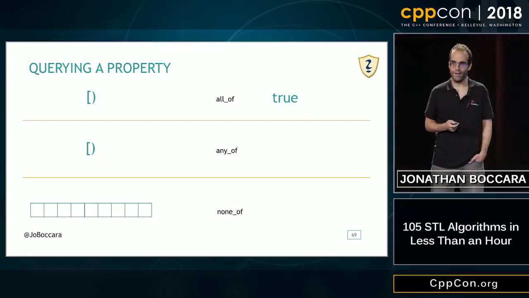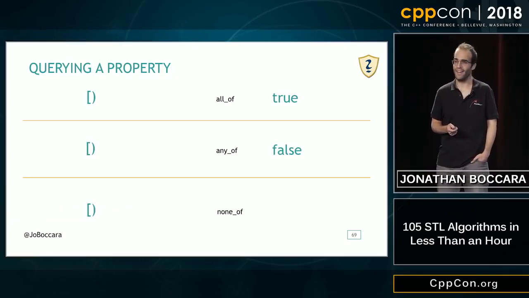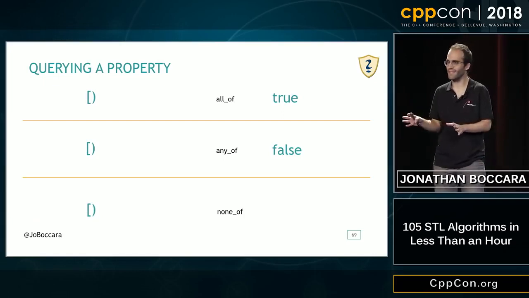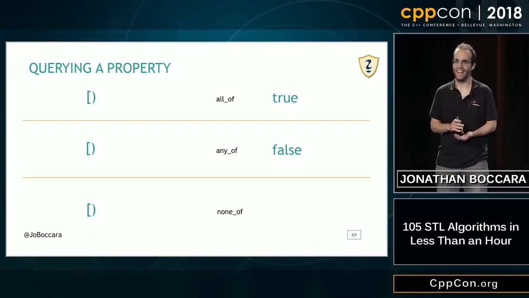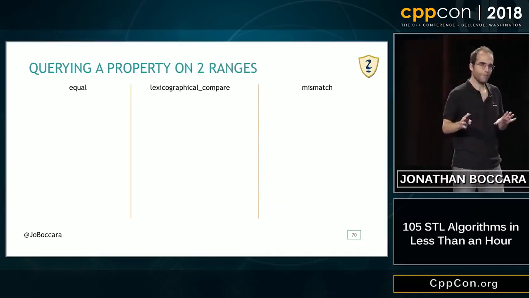Any of on an empty collection? Yeah, false. None of? Come on, there's only two possible answers. Yeah, true. Absolutely.